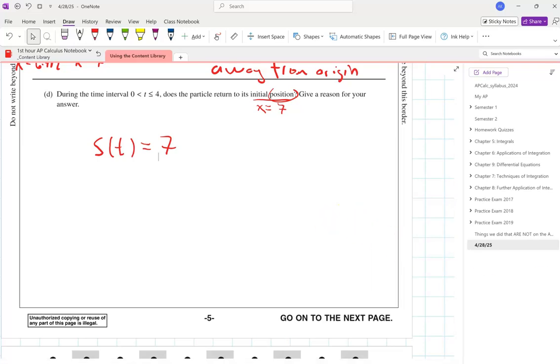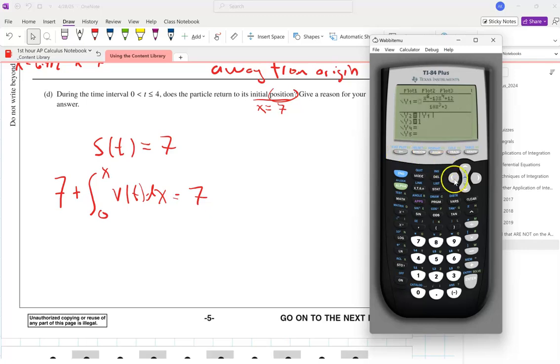I think the easiest way to do that is to say, okay, well, my function for S of t was that. So on my calculator, I can just graph those two things and look for an intersection over that time interval.